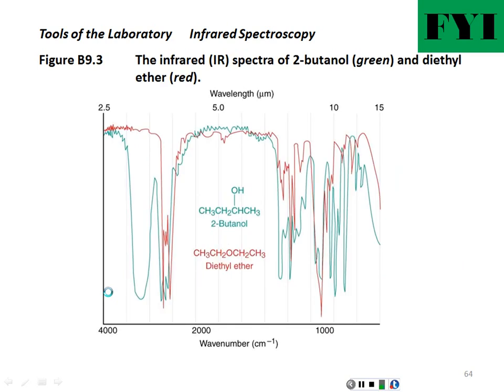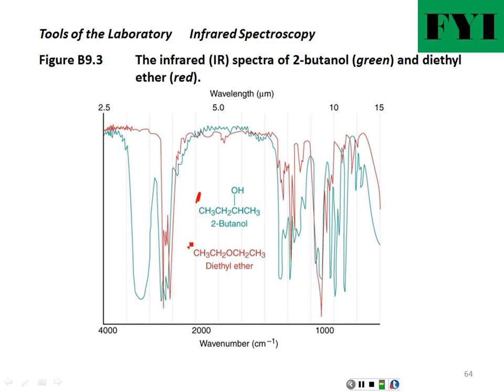Here's an example of just how powerful this can be. If we have two molecules that have the same exact atoms in each molecule, they're just bonded a little bit differently. And you can actually tell the difference between the two by using IR spectroscopy.